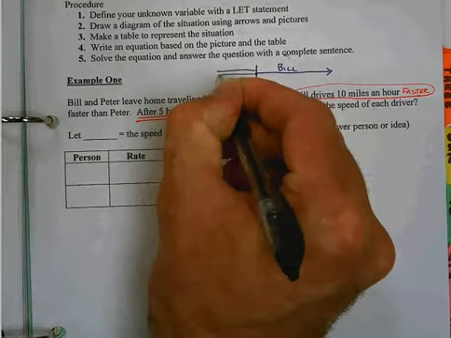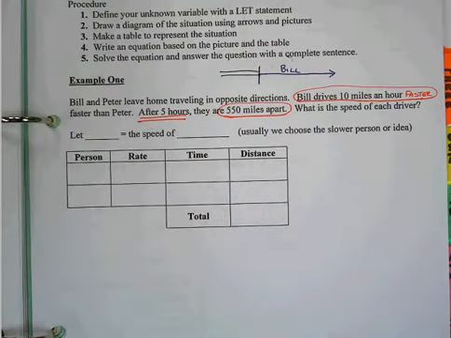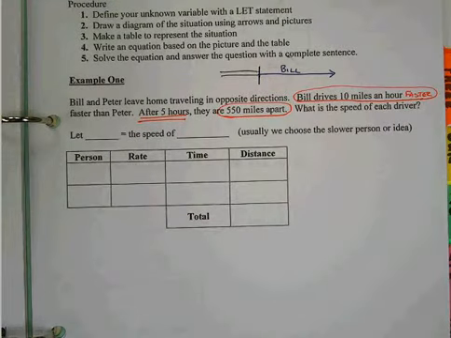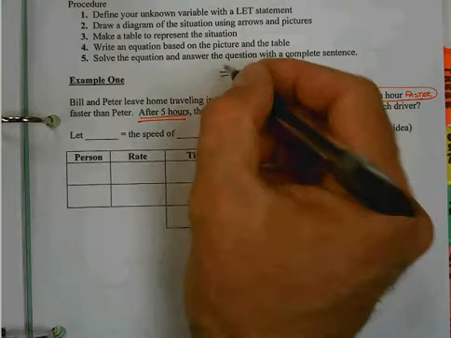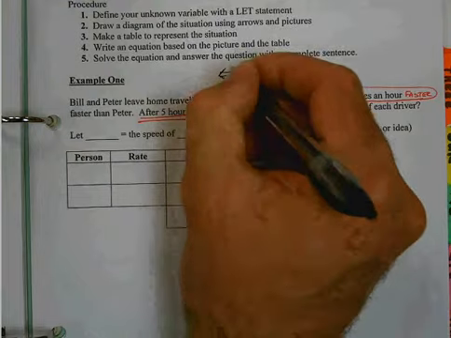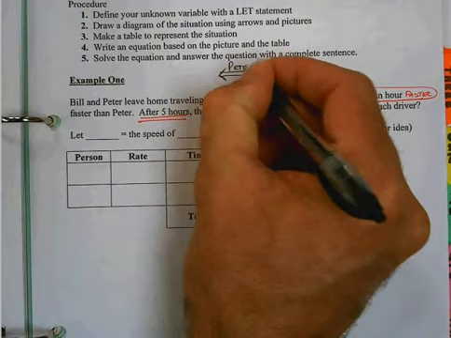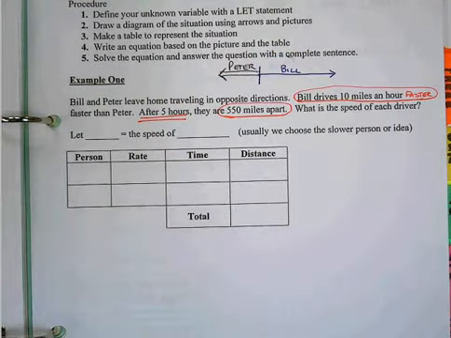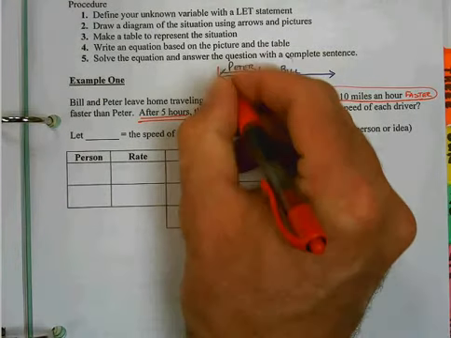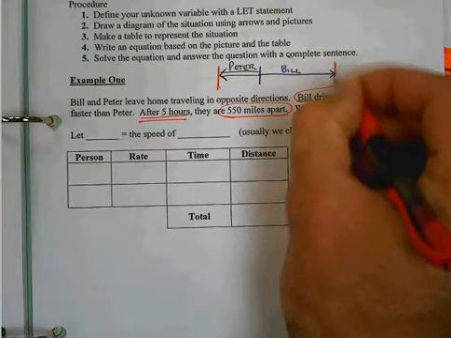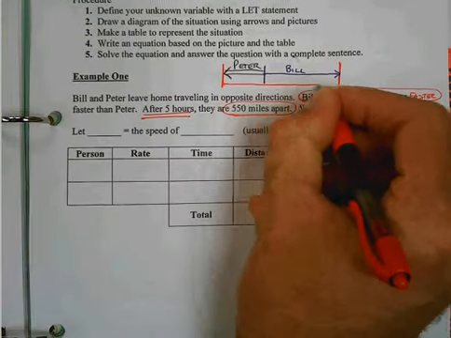Should I make this line longer or shorter than Bill's line? Shorter. Why? Because Bill is faster. Okay, so visually I'm going to make that one a little bit shorter, and I'm going to label it Peter. Now, the total distance from here to there is how much?